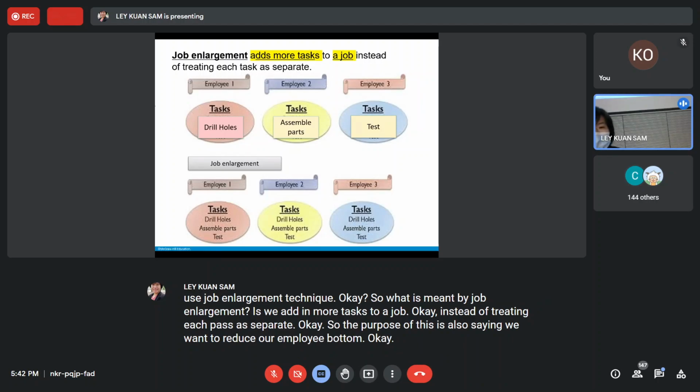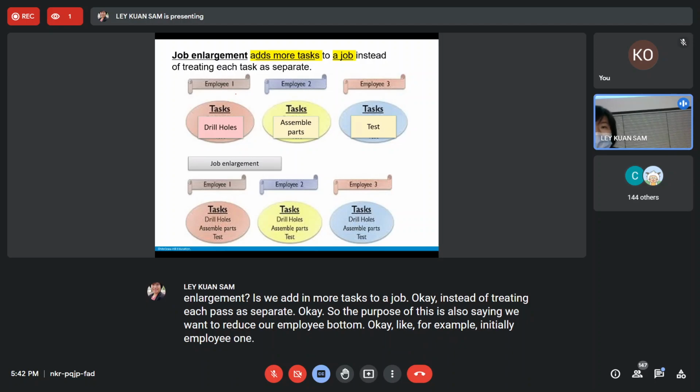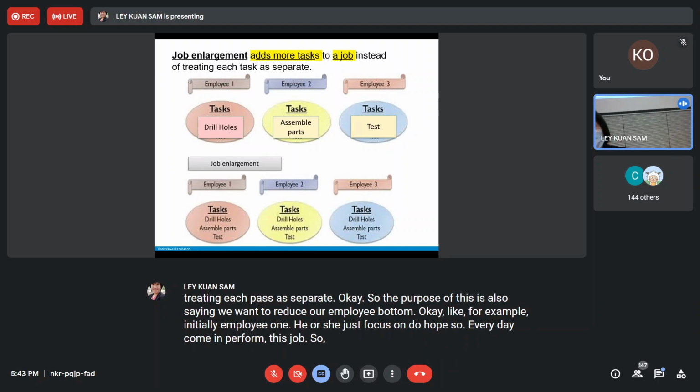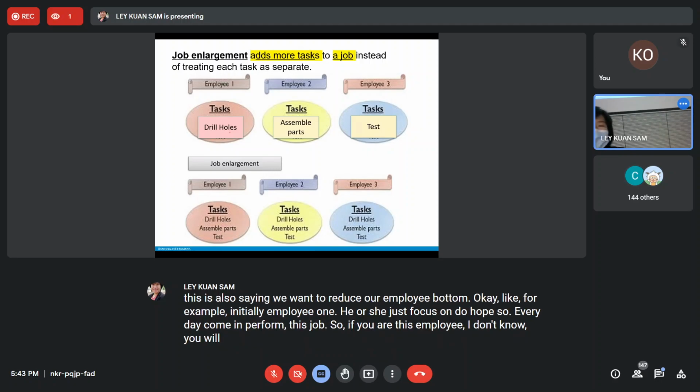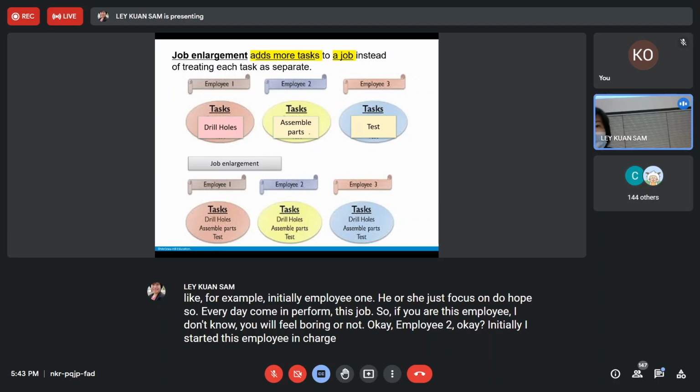For example, initially employee one just focuses on one task. Every day comes in and performs this job. If you are this employee, I don't know whether you will feel bored or not. Employee two, initially I assign in charge of one part of the process.